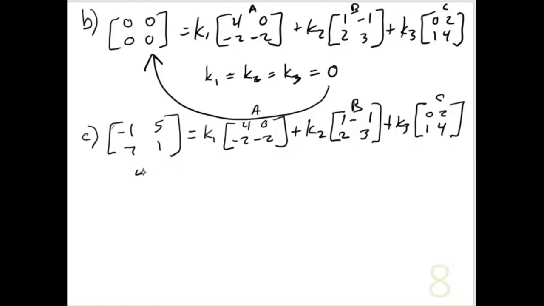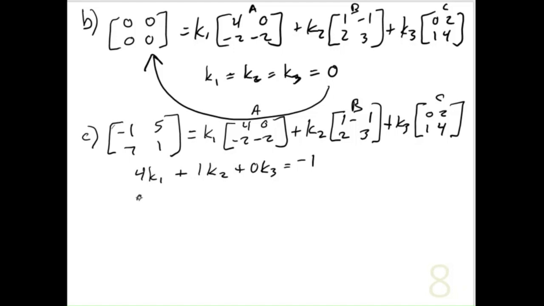So we'd have 4k1 plus 1k2 plus 0k3 equals negative 1. Here you can see the 4k1, the 1k2, and then the 0k3. All of that equals the negative 1.